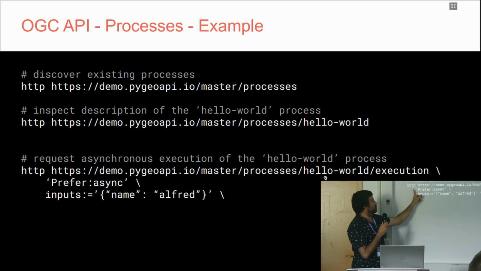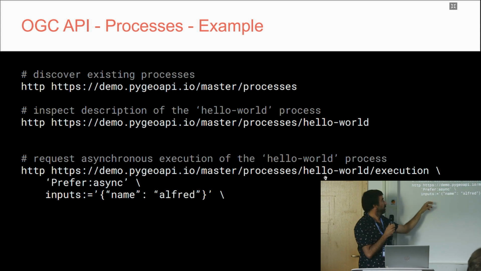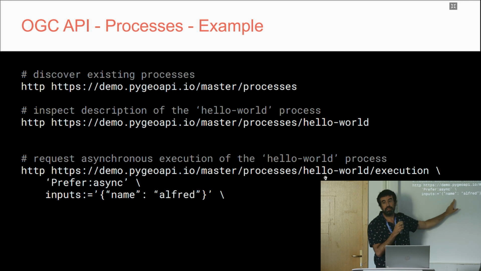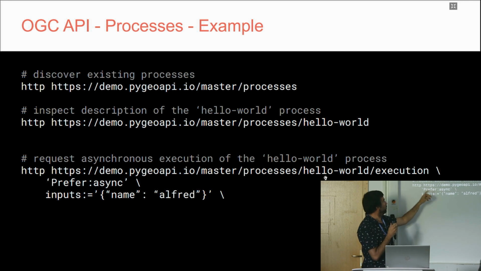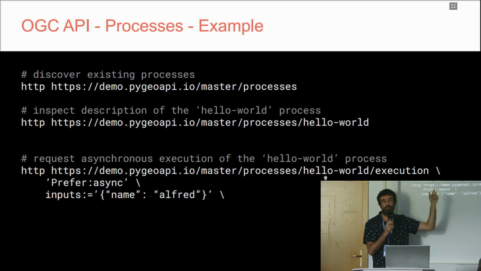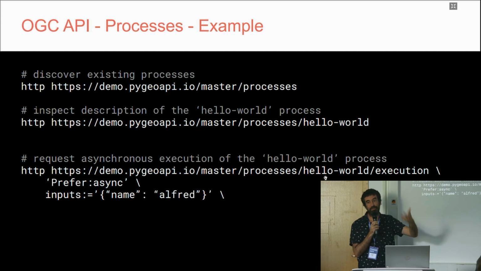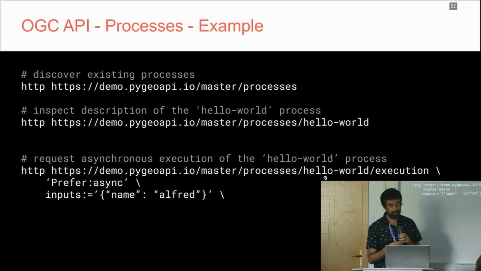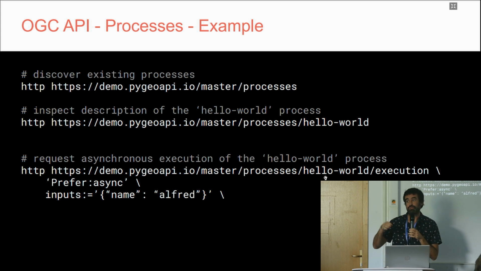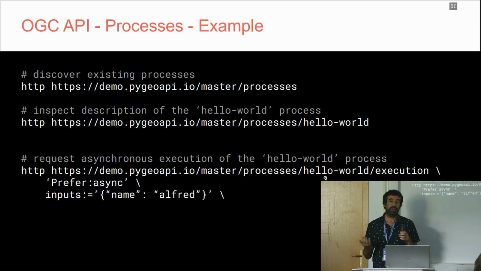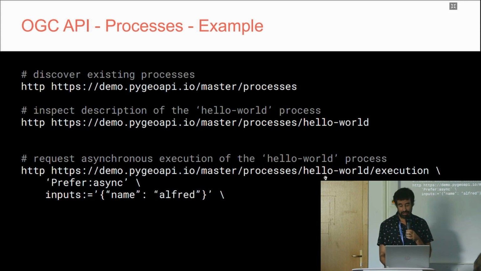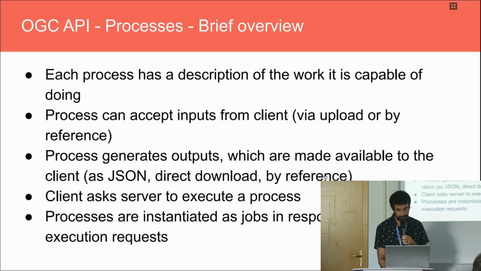You give it some HTTP headers, you give it some inputs by means of a JSON object, and even though I didn't have space to write it here because of the size, this is doing an HTTP POST request. It's a quick example to demonstrate how OGC APIs are embracing the standard way of building APIs nowadays for the web.